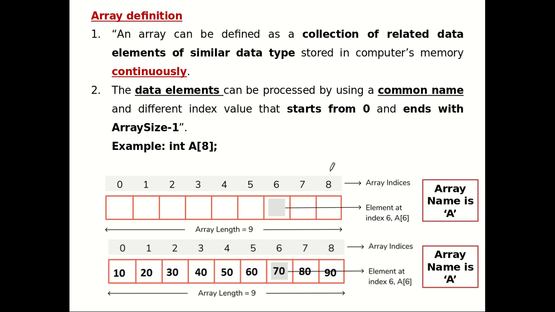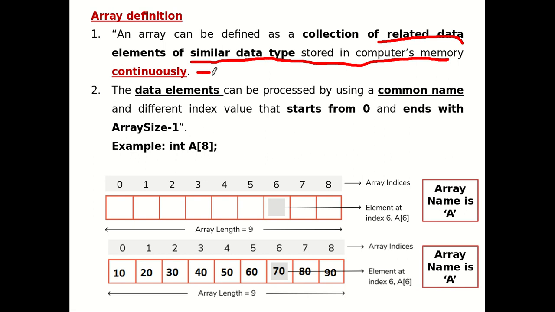So what is an array? Let us give a proper definition for an array. An array can be defined as a collection of related elements of similar data type stored in computer memory consecutively.